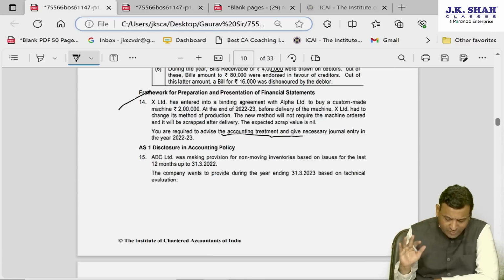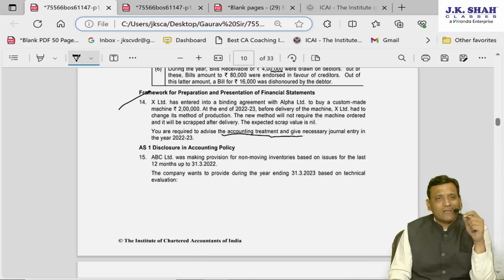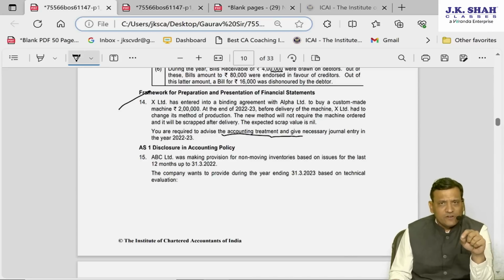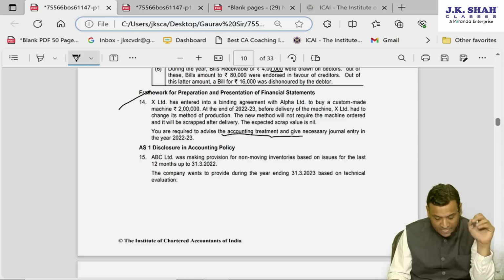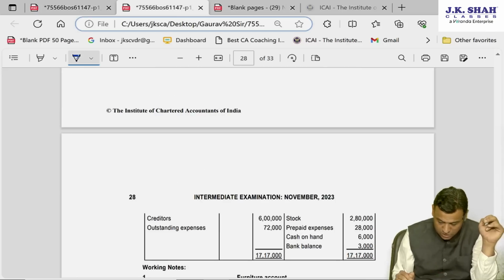Can I say the whole amount will be expensed off? Why? The reason is very simple. You should recognize an asset only if future economic benefits will flow to the entity. There are no future economic benefits which are going to flow to the entity. Hence, the whole expense of rupees 2 lakh will be charged to profit and loss account.